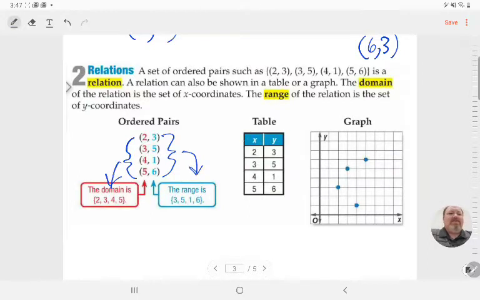So we can take those and label all of the x's in a table under x. We can label all of the y's in a table under y, and then we could plot all of them. So 1, 2 here is (2, 3).